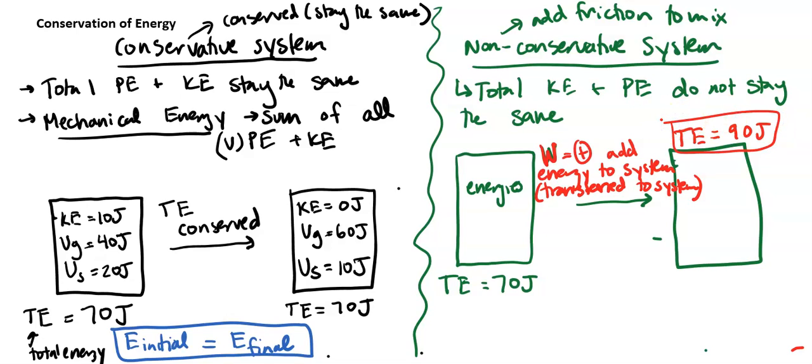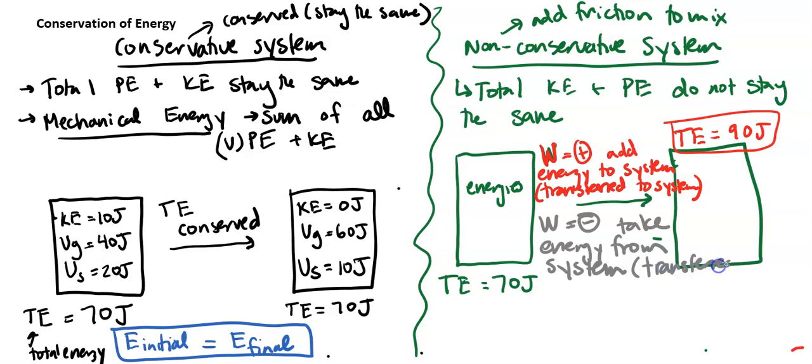So that's one example. Or let's say, I'll do it in a different color, the work is negative and we take energy from the system. A good example is the work done by friction, not just work.